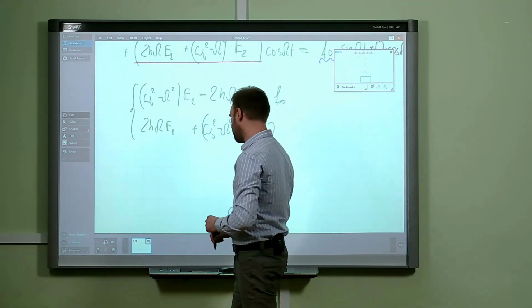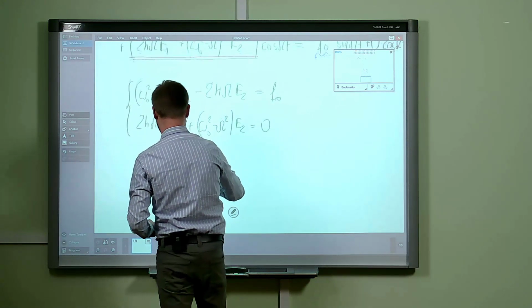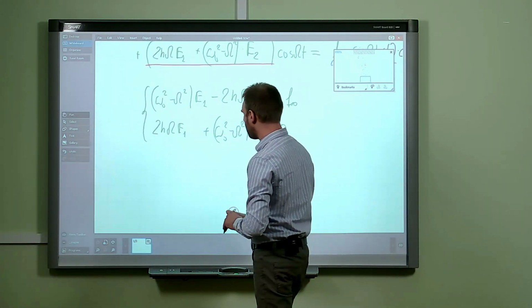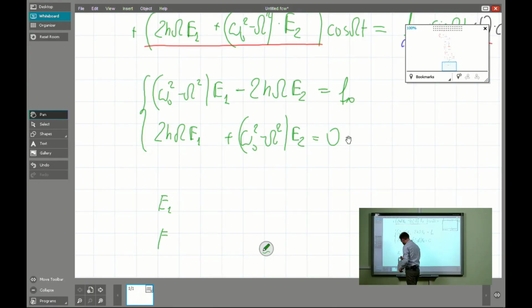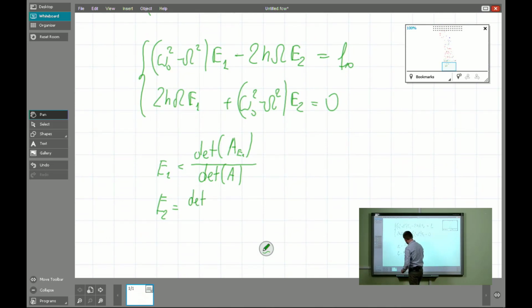We can use, for example, the method of matrices, I mean the Cramer method, and we know that the solution, I mean E1 for that case and E2, will be the determinant of the matrix connected with the first element, let's say A_E1, over the determinant of the main matrix of the system, and the same situation will be for A_E2 over the determinant of the main matrix of the system.